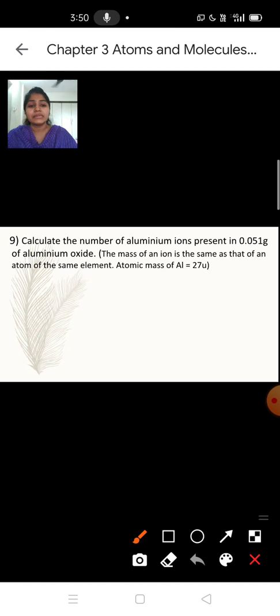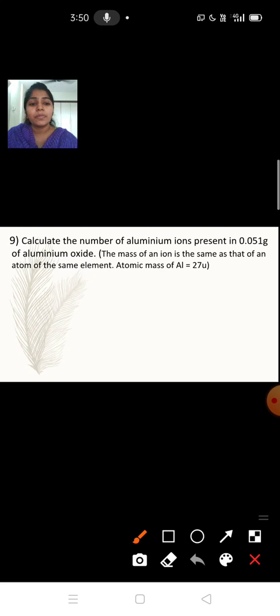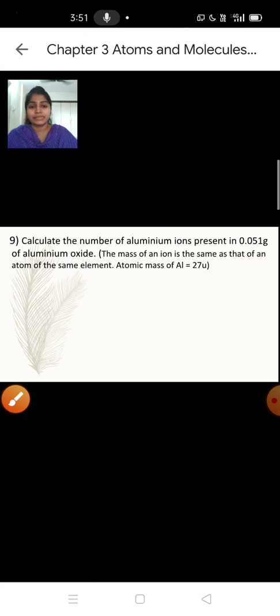So what is given? 0.051 gram. So what is that? That is mass. Okay. So mass of aluminium oxide is given, and from that we have to calculate the number of aluminium ions. It is a slightly different sum.